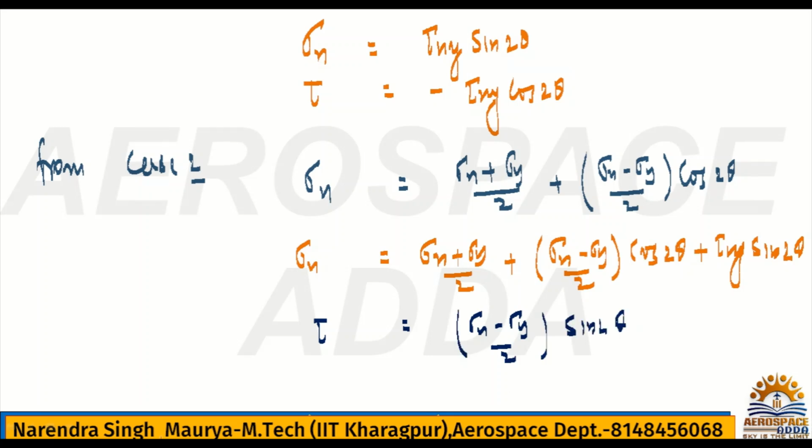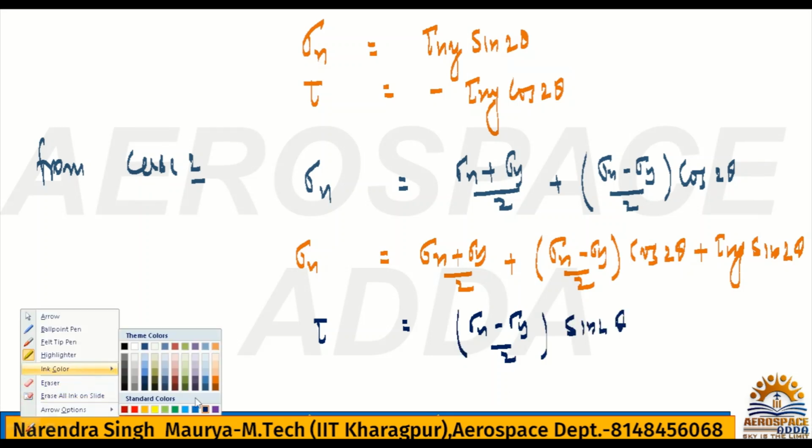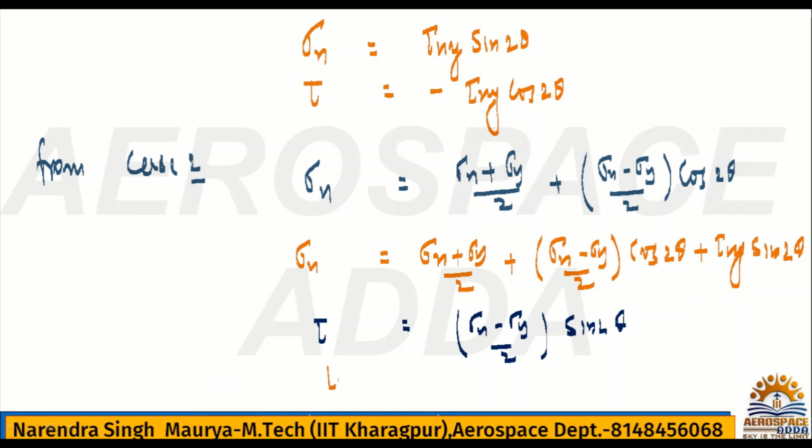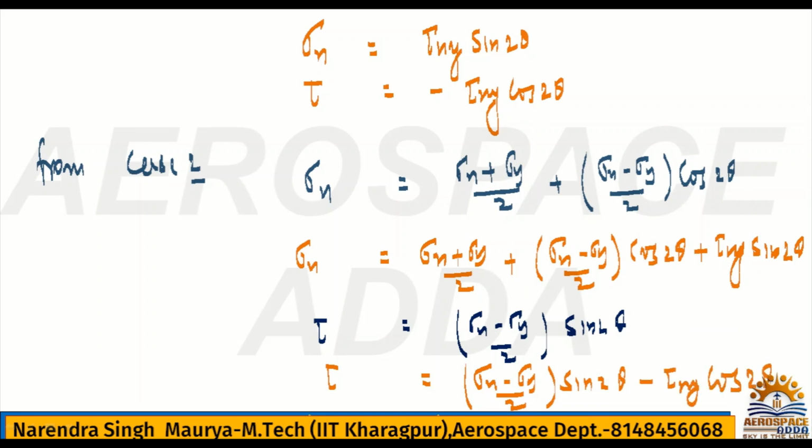Now if you combine this, tau is nothing but sigma x minus sigma y by 2 sin 2 theta minus tau xy cos 2 theta.